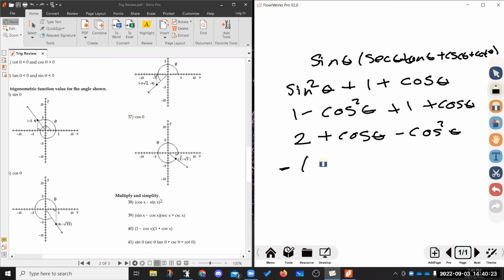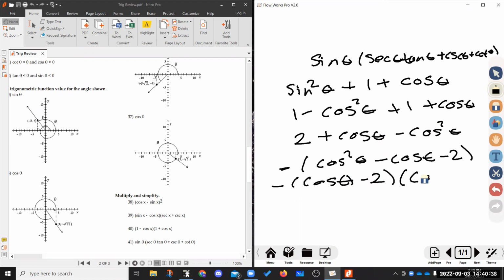Factor out a -1 here. Cosine squared minus cosine minus 2 is going to be a negative cosine minus 2 cosine plus 1. I'd much rather have that in factored form like that, because my question is probably going to be, where is this thing equal to 0?